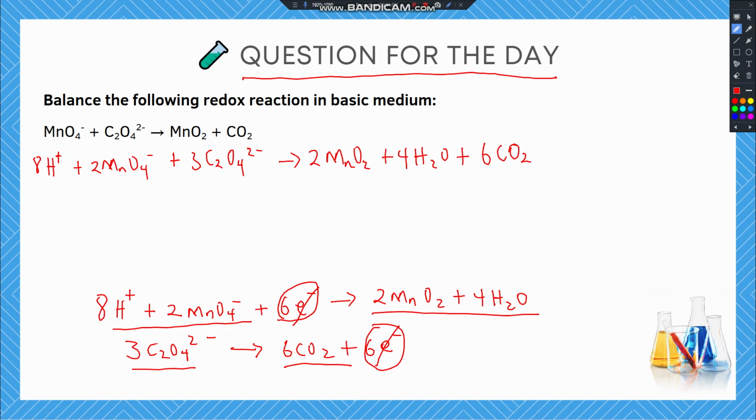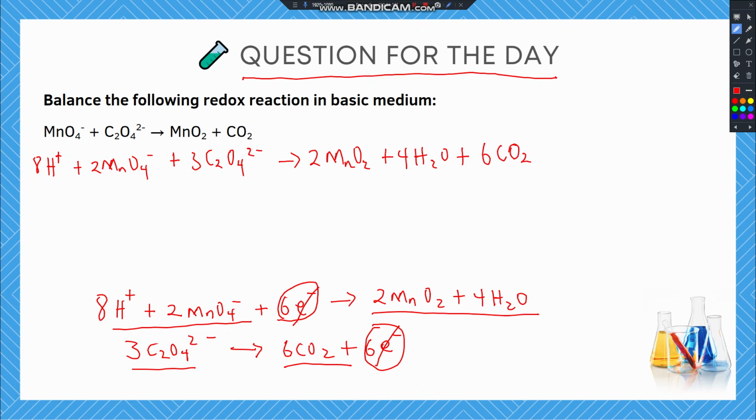Now at this point, this is where we convert into the basic medium. How do we do that? The next rule says for each H plus or hydrogen ion in the equation, add an equal number of OH minus to both sides.